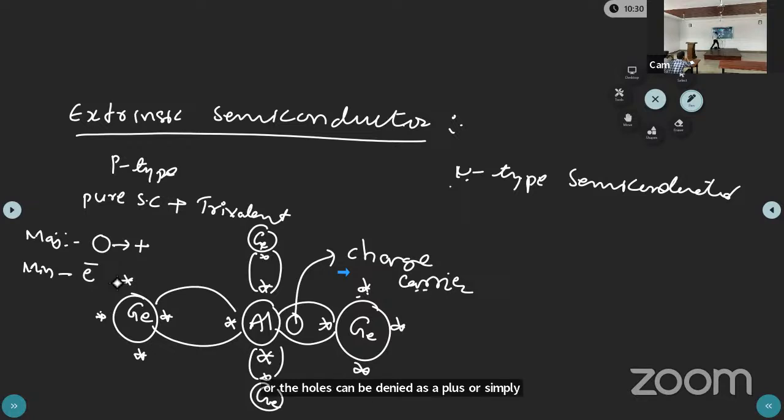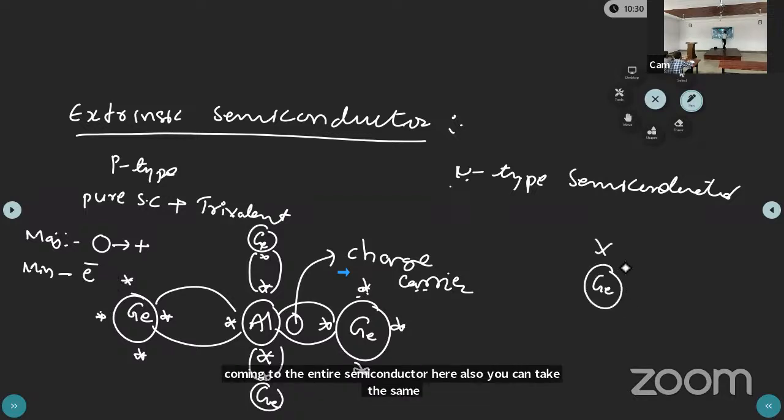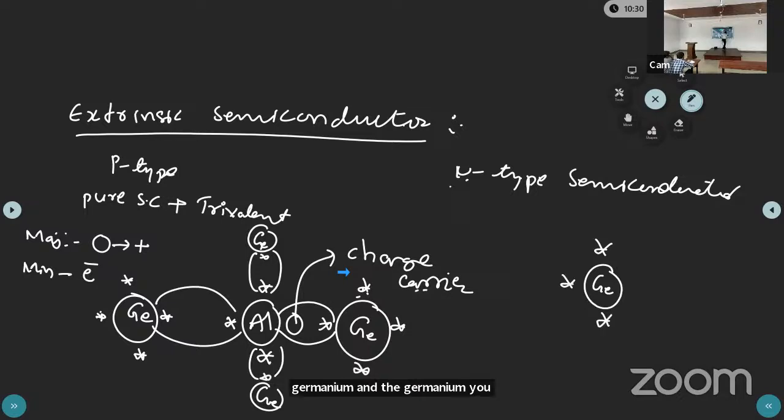Now coming to the n-type semiconductor, here also you can take the same germanium, which has 4 valence electrons. Now to this you add an impurity. Which impurity are we adding? Pentavalent. Tell me a pentavalent element. Nitrogen, phosphorus, and another one is arsenic, abbreviated as As.